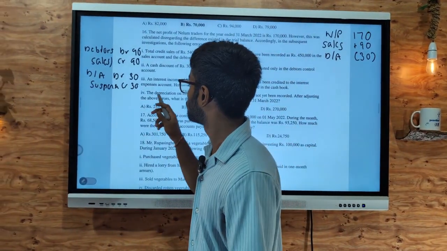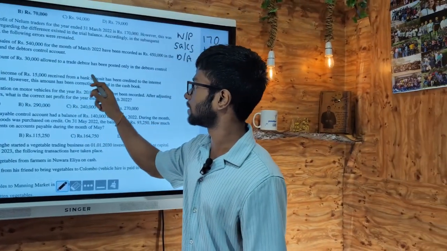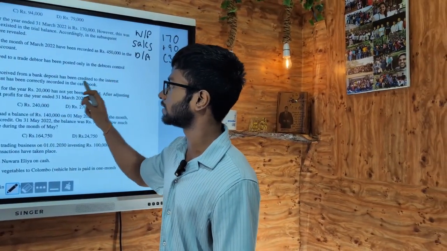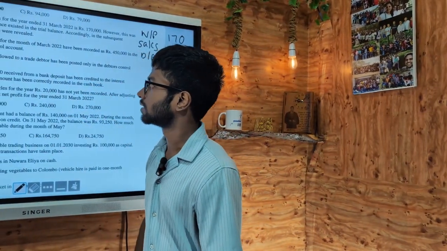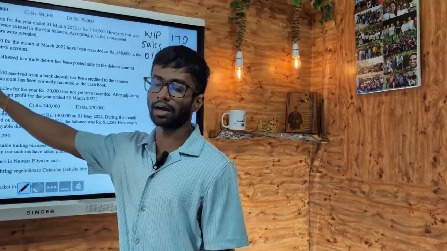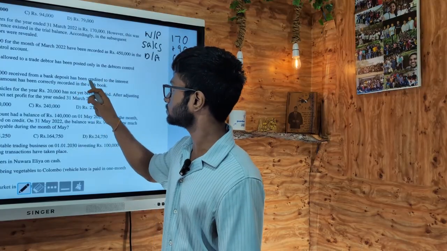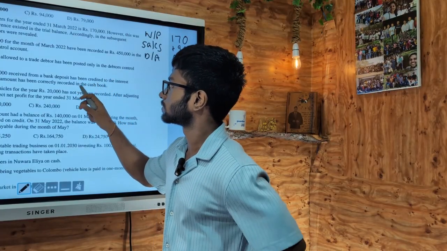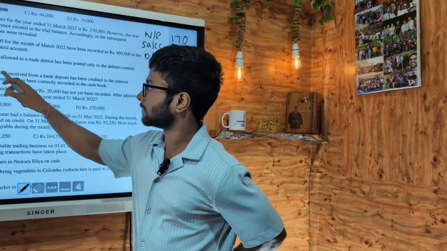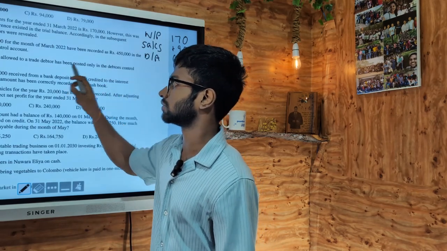So next we have an interest income 50,000 received from a bank deposit has been credited to interest expense account. However, this amount had been correctly recorded in the cash. Okay, an income. But we have gone and put it to an expense account.